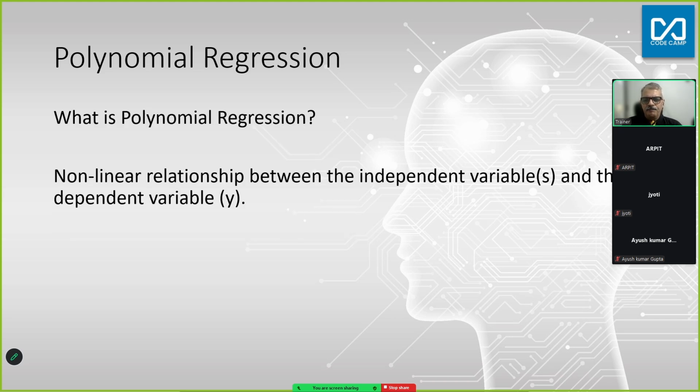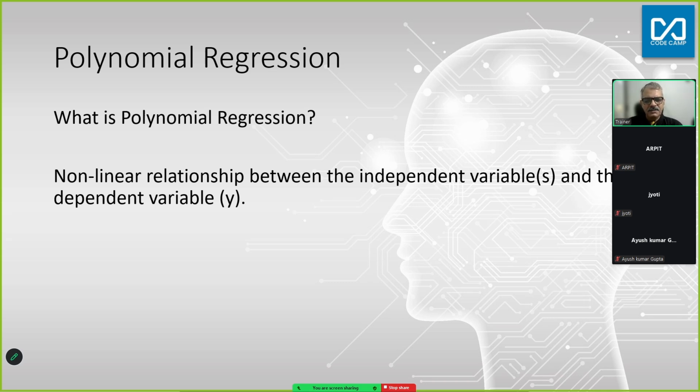Polynomial regression, in machine learning, is a supervised machine learning algorithm used to model non-linear relationships between input variables and the output variable. The model extends linear regression by transforming certain input features into polynomial terms, so it allows the model to fit curved patterns within the data.